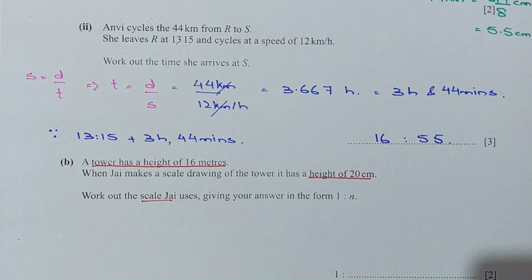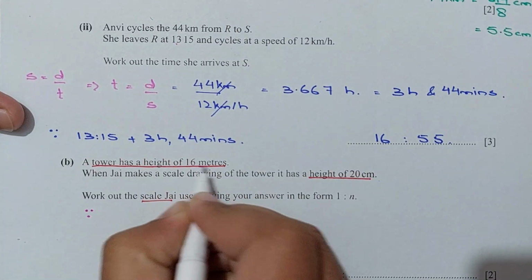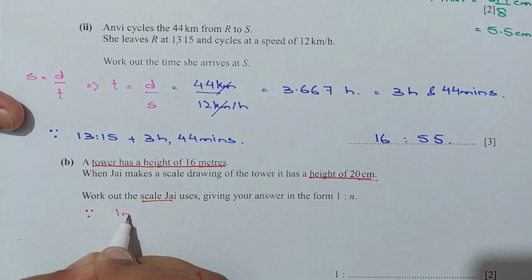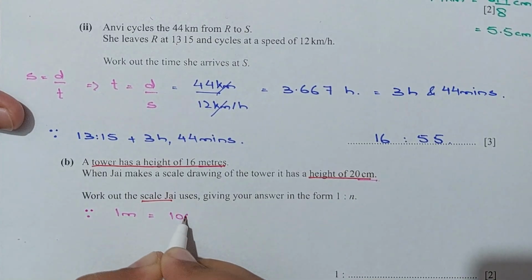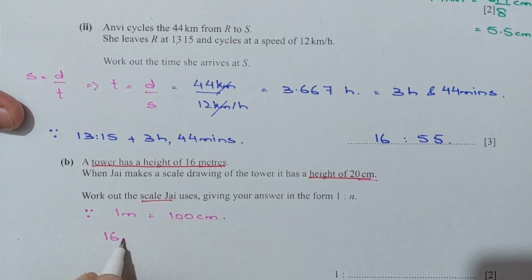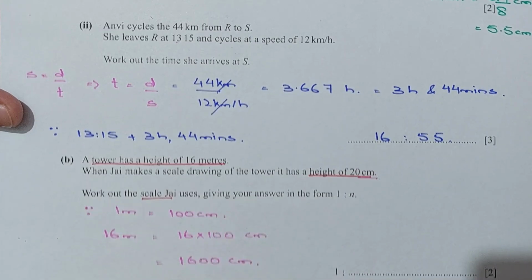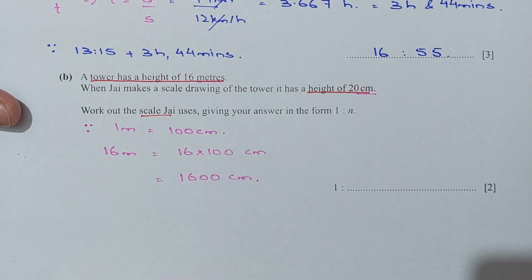So here we have to use the conversion, because this is in meters and this is in centimeters. 1 meter is equal to 100 centimeters. What about 16 meters? This is 16 times 100 centimeters, or we can say 1600 centimeters. Okay, now use the scale drawing.